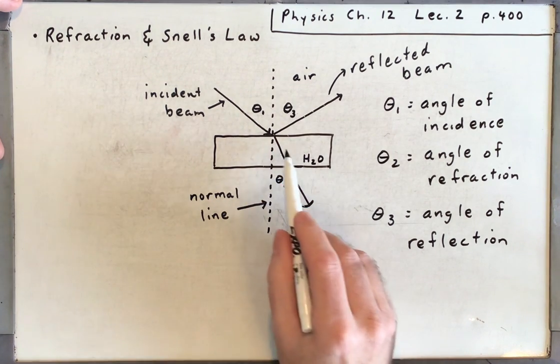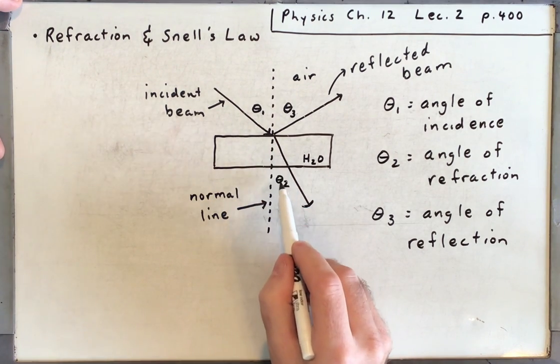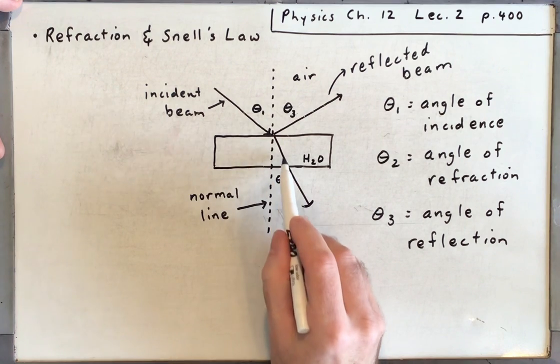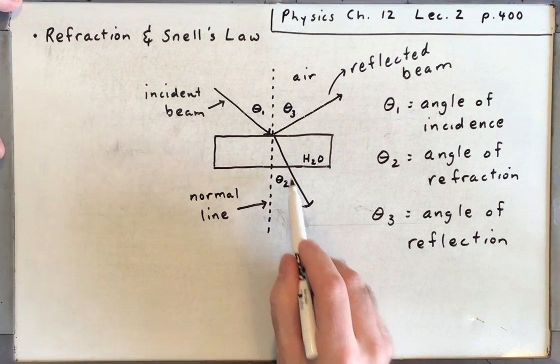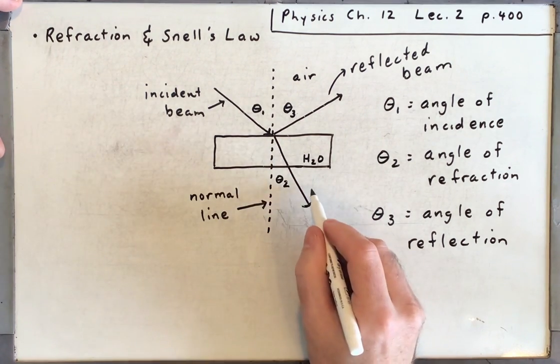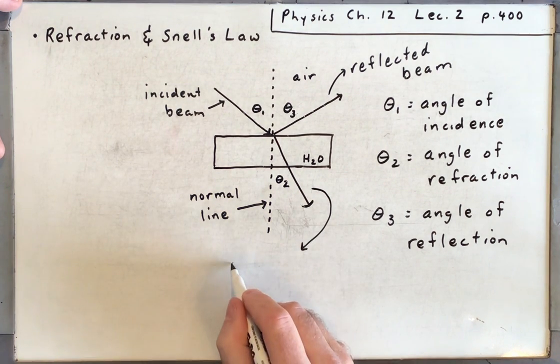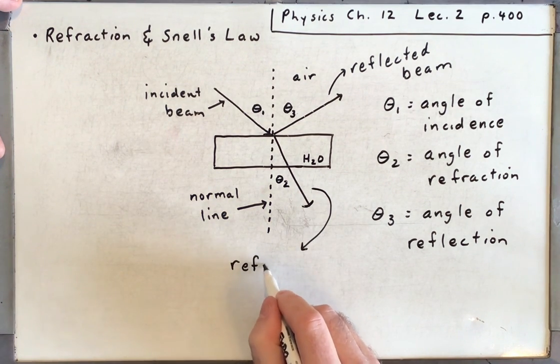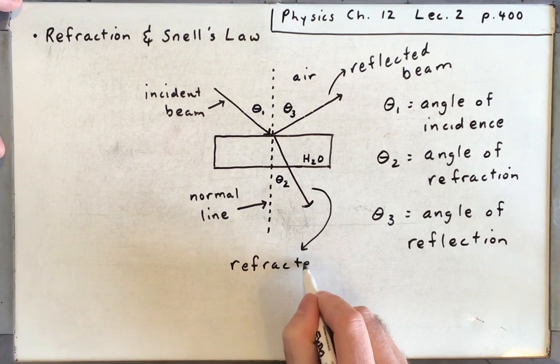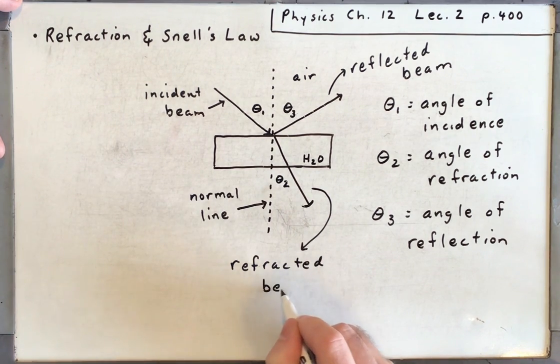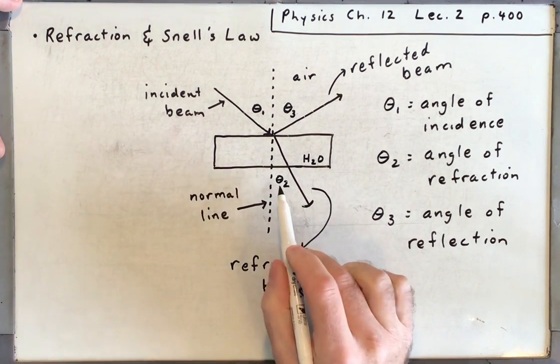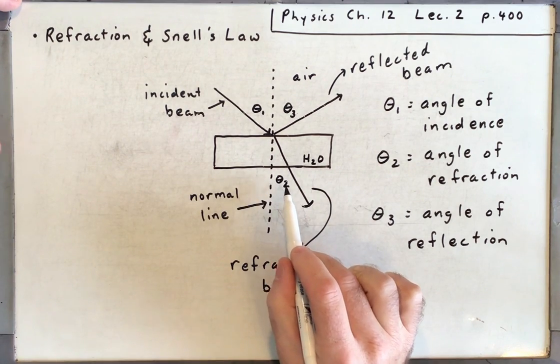And that's not always the case. Sometimes it's bigger, but that angle theta 2 between the normal line and the refracted beam, all right? So that's the refracted. That angle is called the angle of refraction.